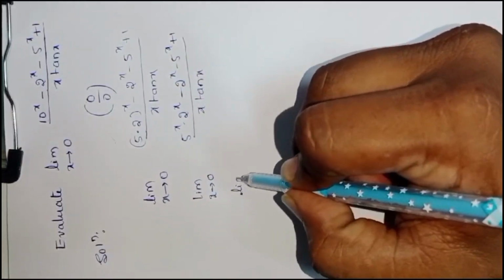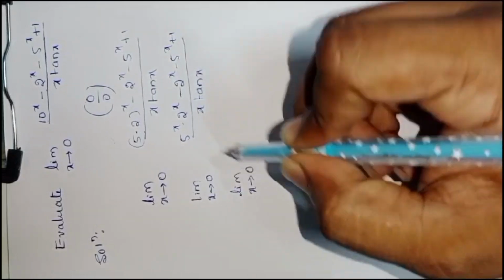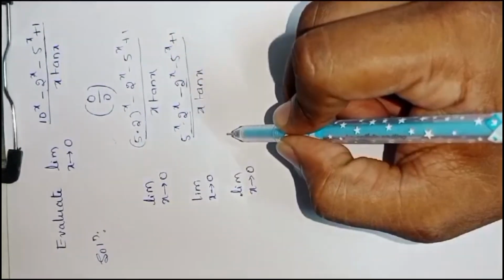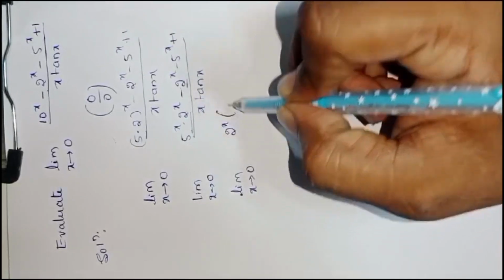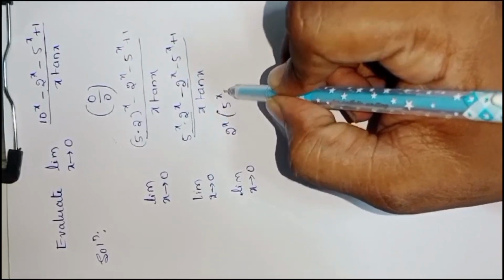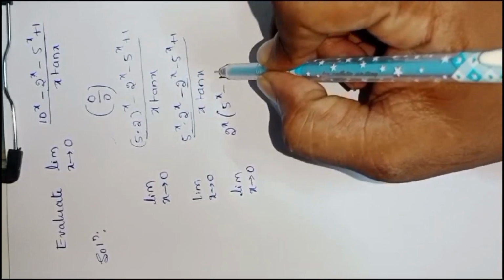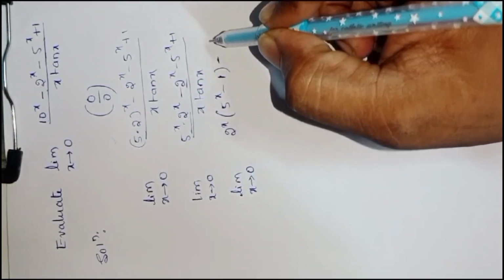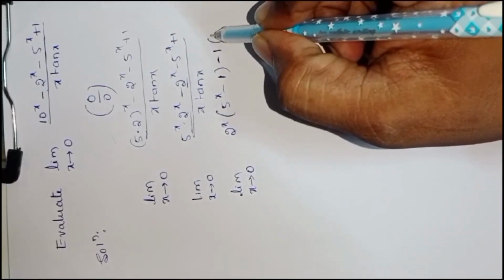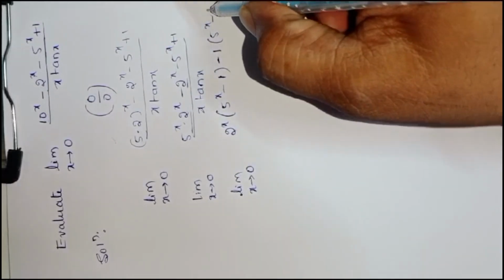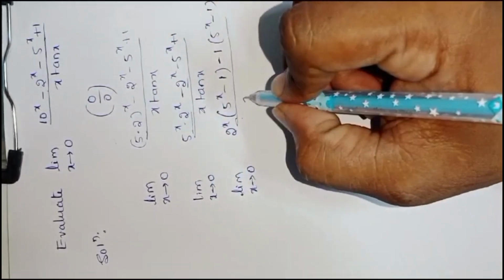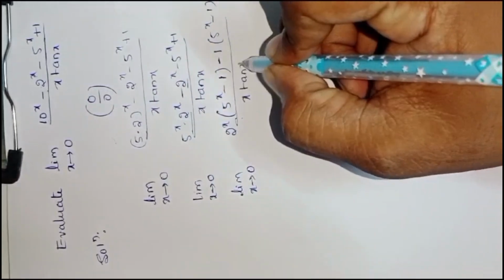Now, as x tends to 0, take 2 raised to x common in these two terms, so 2 raised to x into (5 raised to x minus 1). Here I will take minus 1 as common, so what is left is 5 raised to x minus 1, divided by x into tan x.